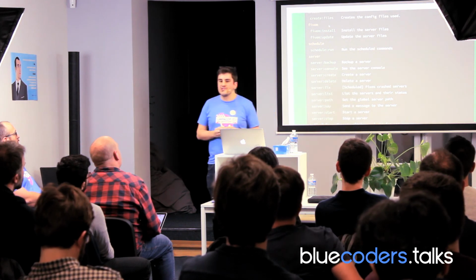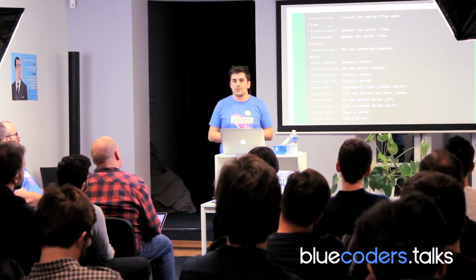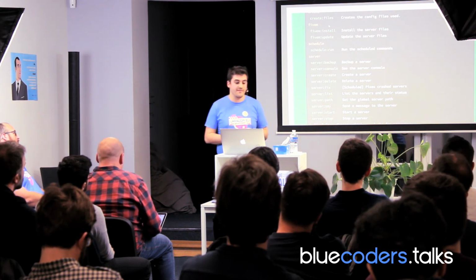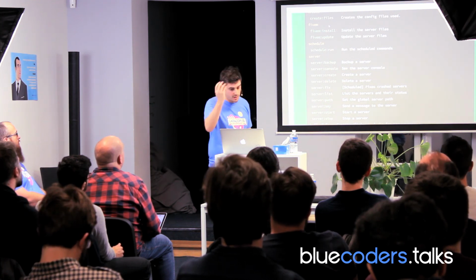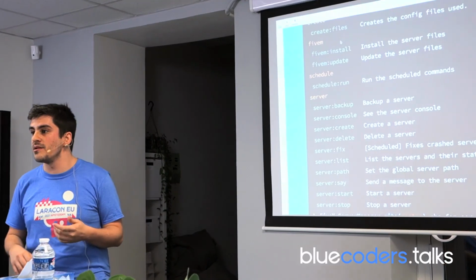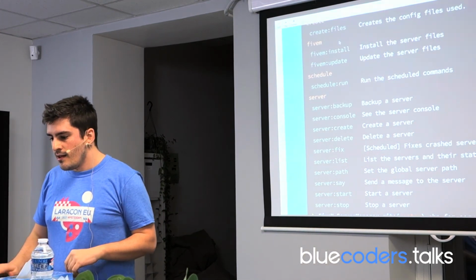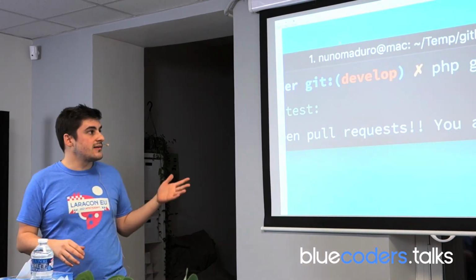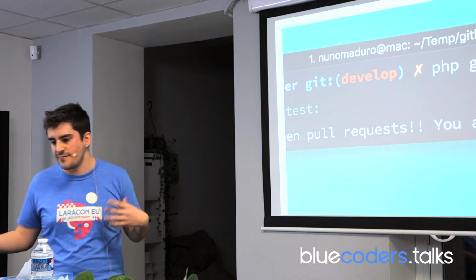If you type Laravel Zero on GitHub, you will find several applications already built with Laravel Zero. We have this guy, for example, who built something to manage his own server with a lot of stuff. There are actually guys who have built applications more complex than even me. We have this guy right here who built a package to see the pull requests that his company has opened, for example.